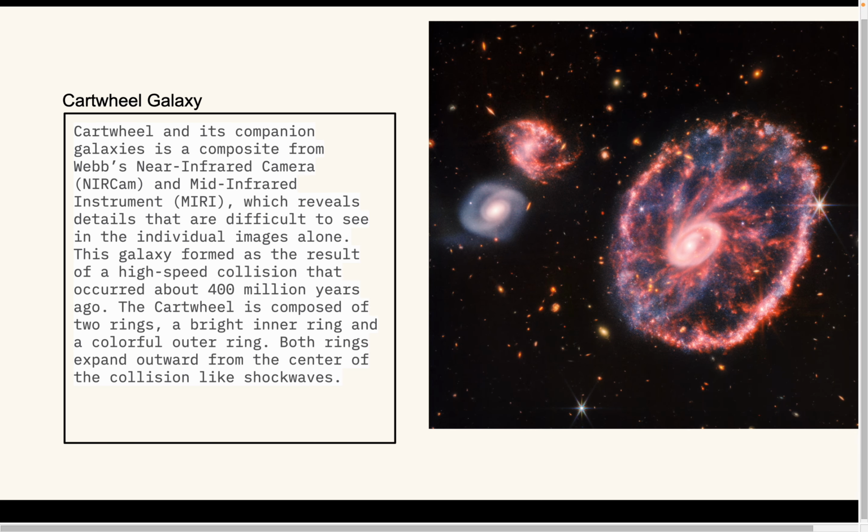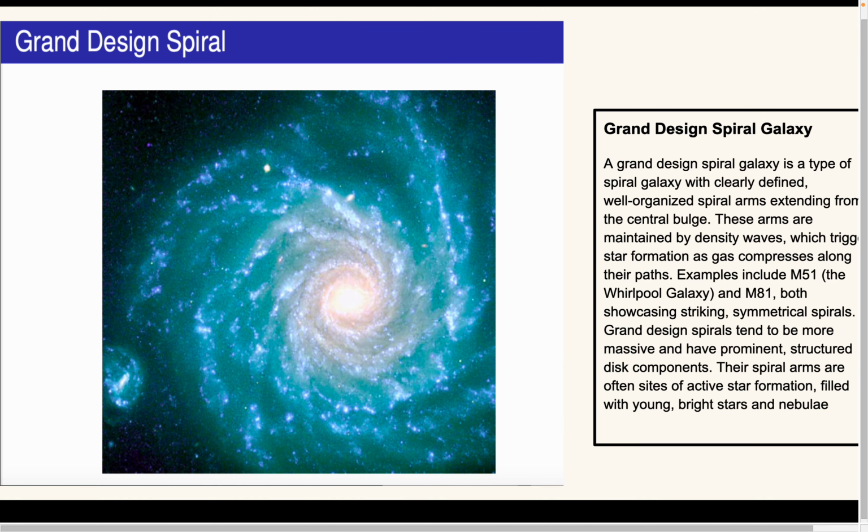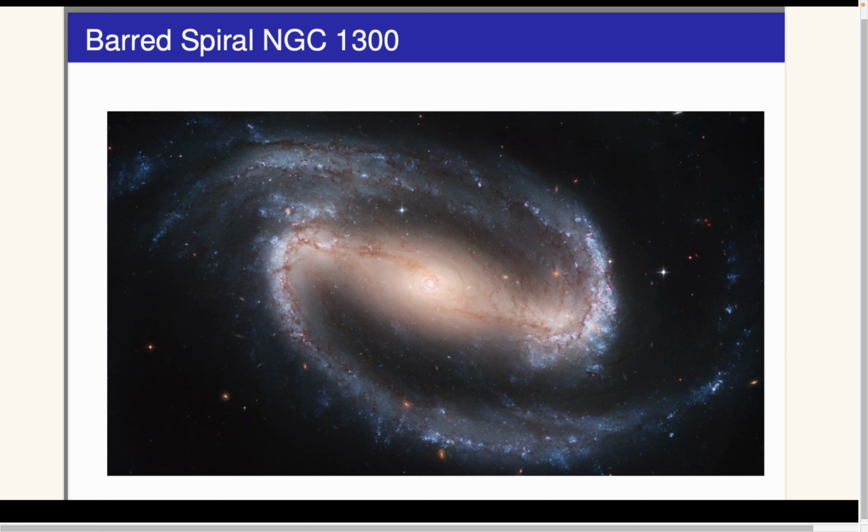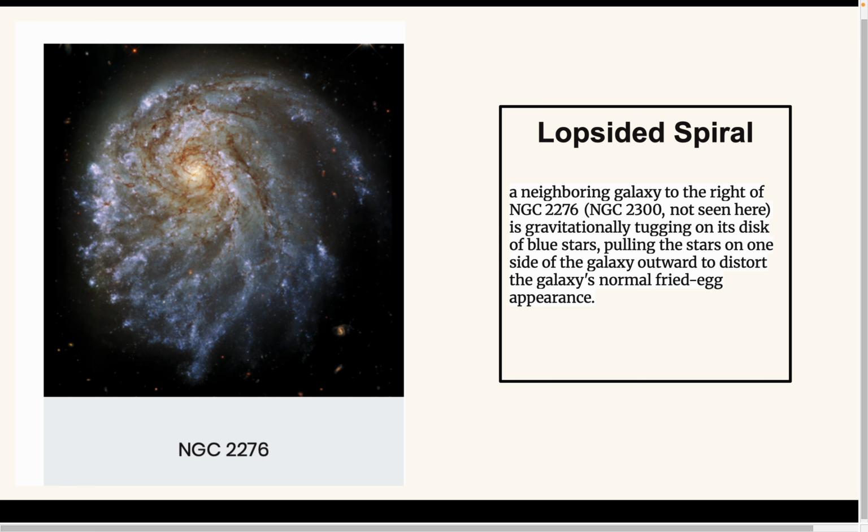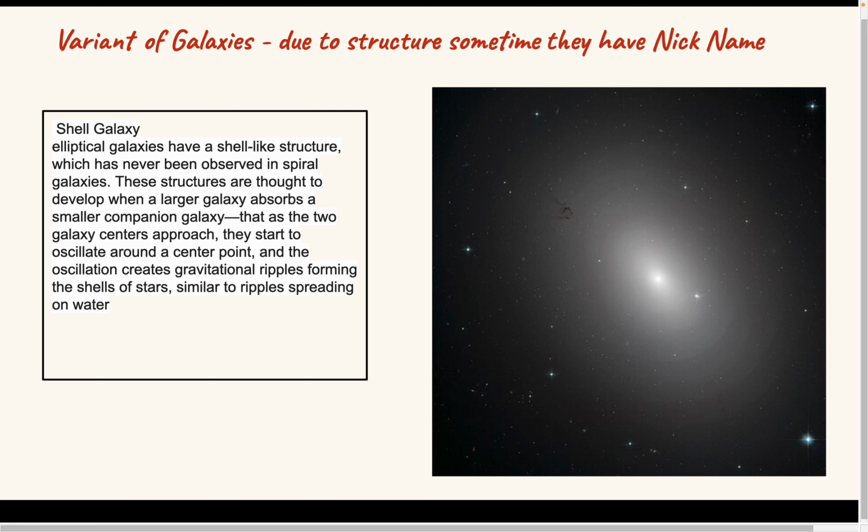So until now, we have discussed a few popular galaxies such as one barred spiral galaxy, that is NGC 1300, a lopsided galaxy, and a shell galaxy. We have not given the name of the shell galaxy, but only shown how a shell galaxy looks.